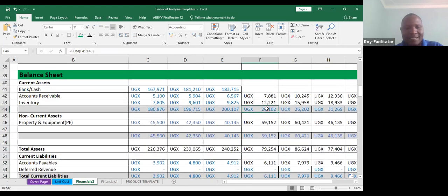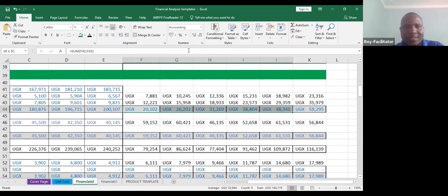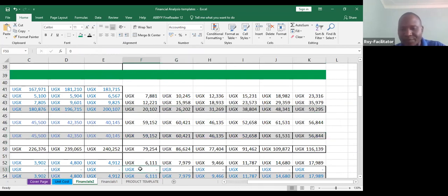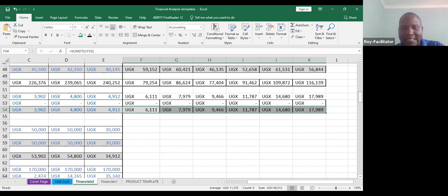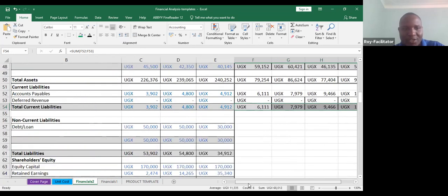It also makes it a little bit easier to understand. So I'll just change it to black. Change this to black. Change this to black. Change this to black. Okay, we are on the balance sheet, my colleagues, and let's continue.